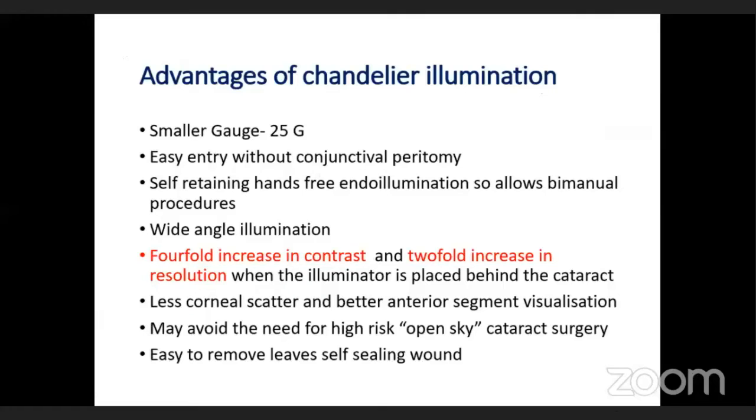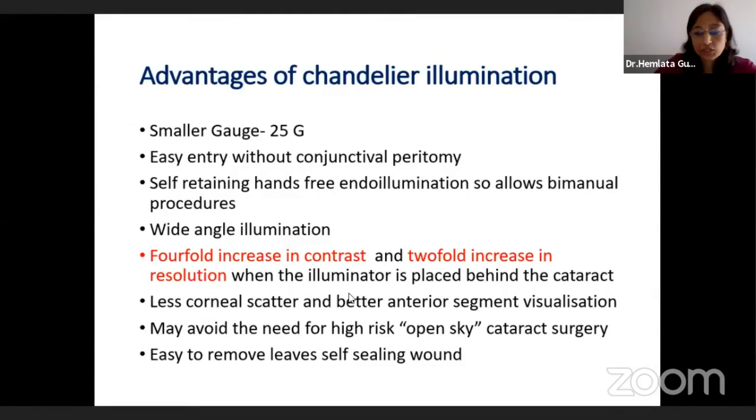So the advantages of the chandelier illumination are that it is a smaller gauge surgery, and it allows easy entry without the need of any conjunctival peritomy. By virtue of its self-retaining design, it allows all the bimanual manipulations.